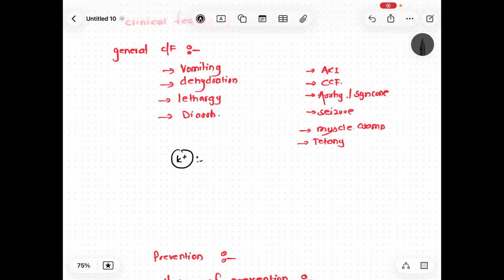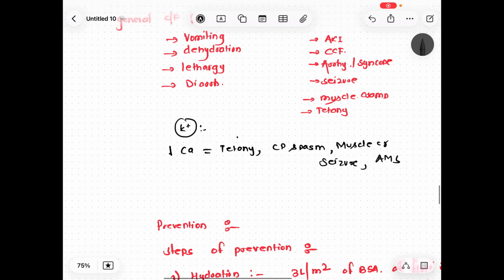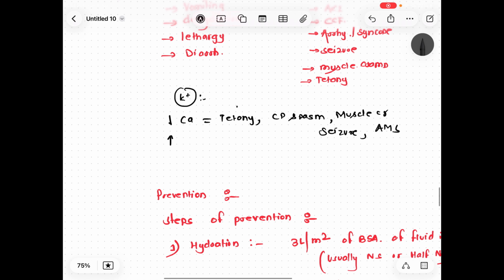It can present as tetany, carpopedal spasm, muscle cramps, seizures, or altered sensorium. These are mainly due to neuromuscular irritability. Now coming to hyperphosphatemia.